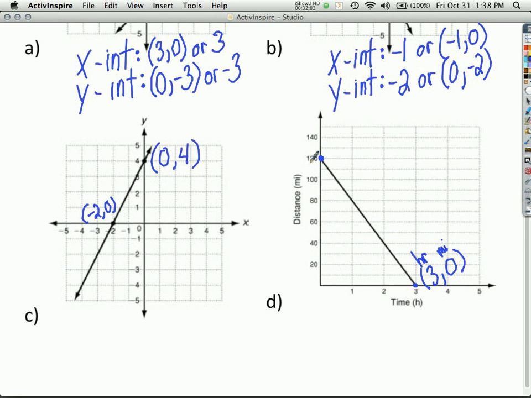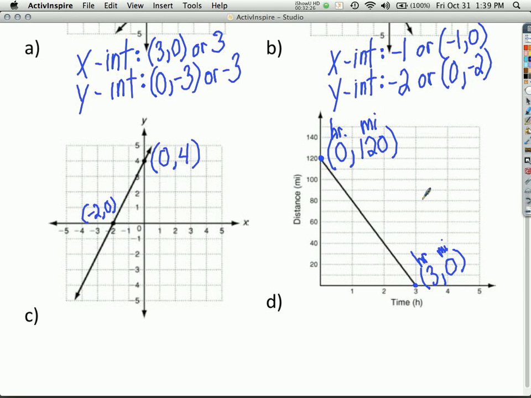So instead of 6, you would say, okay, but you also put them in the wrong position. This is a y-intercept. How far did you go to the right or to the left? 0. 0 comma 120. But again, this has meaning. 0 hours, 120 miles.